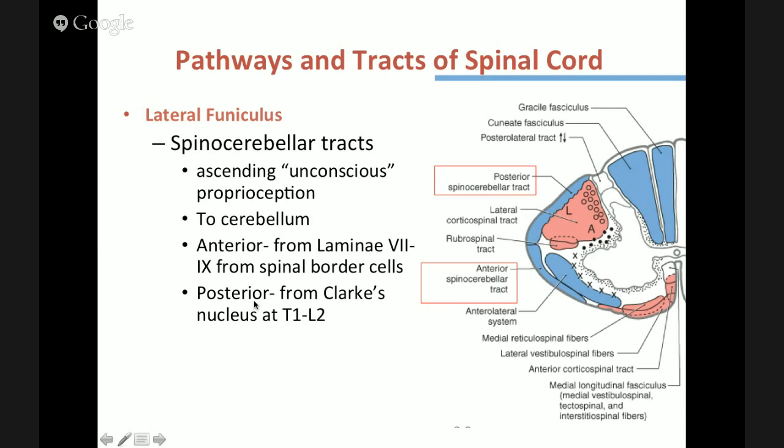There's a synapse in Clark's nucleus, which is also known as nucleus dorsalis, which is a column of cells which extends from about T1 to L2. And then the anterior spinothalamic tract pathway involves spinal border cells.